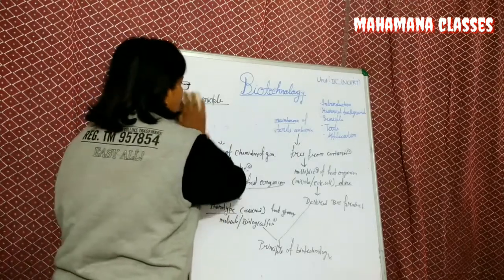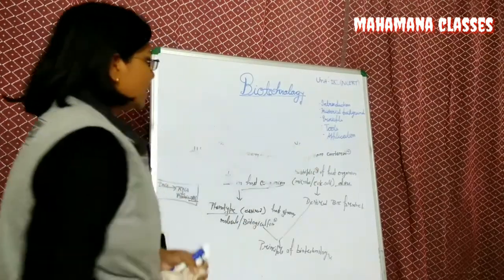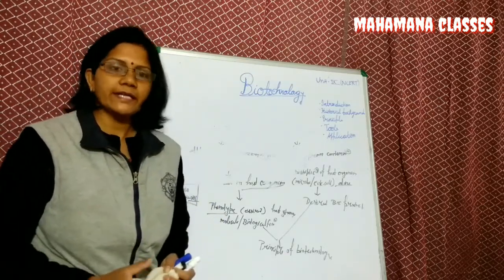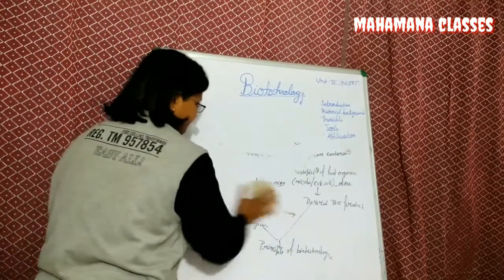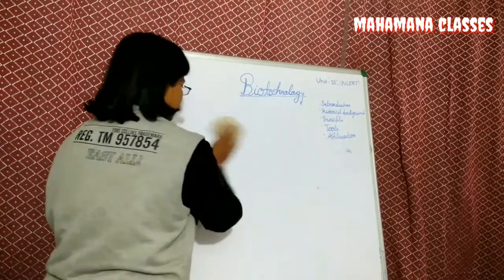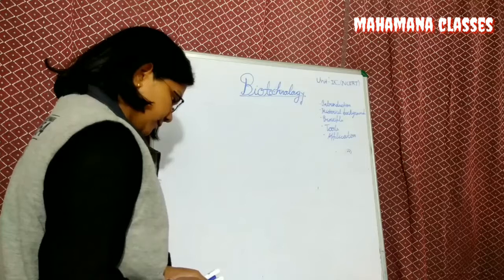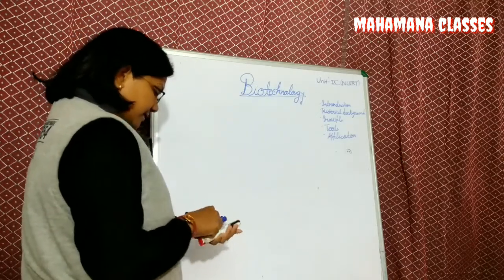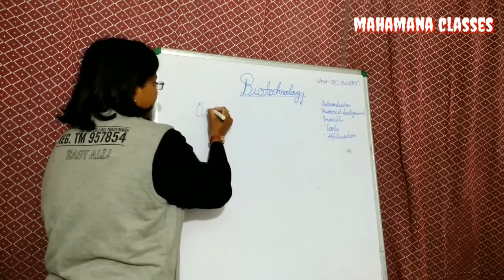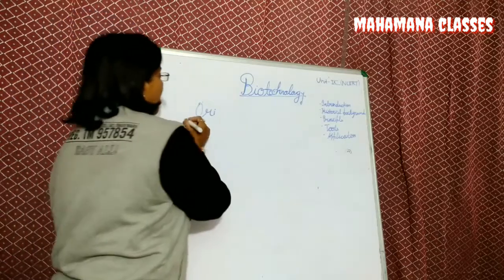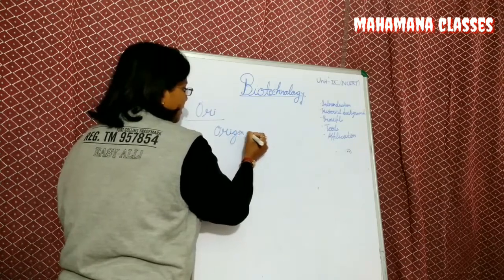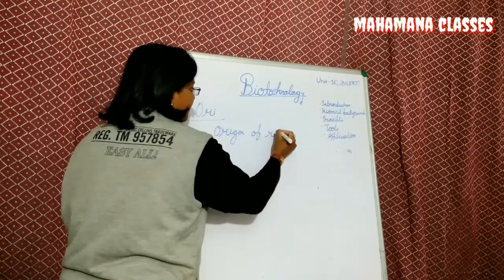Now let us see the first step, the formation of recombinant DNA. Before discussing it, there is a concept of ORI, which is very important. What is this? Origin of replication.